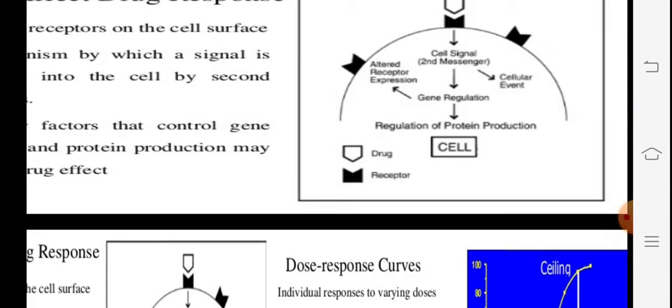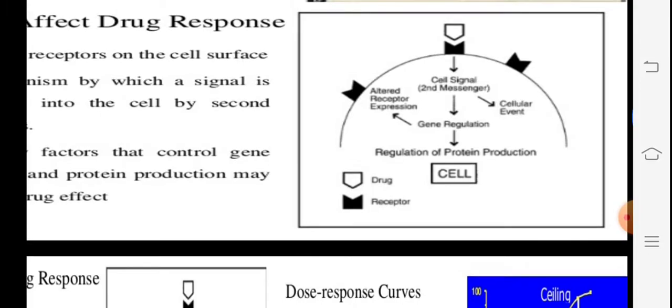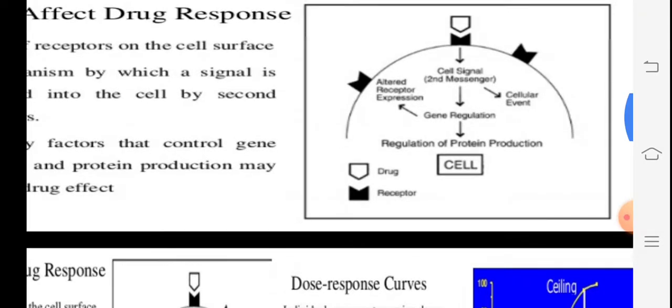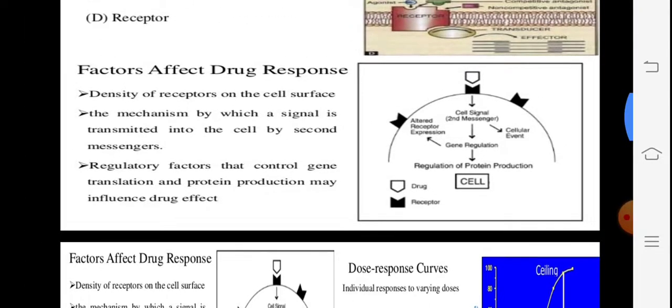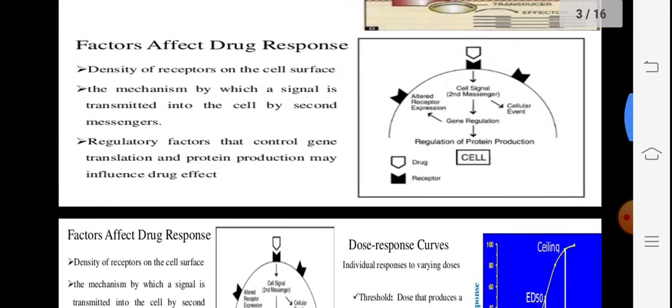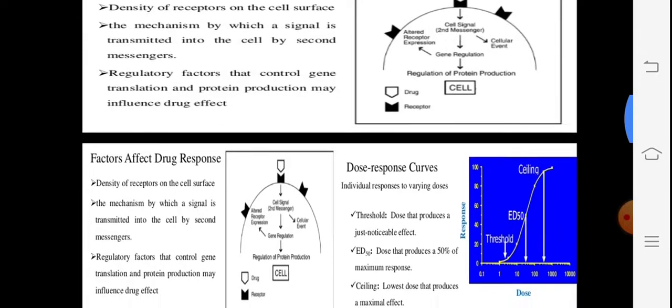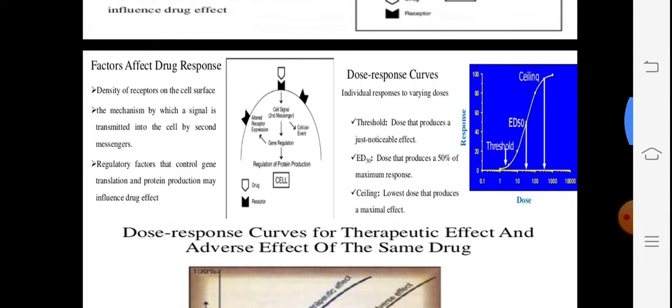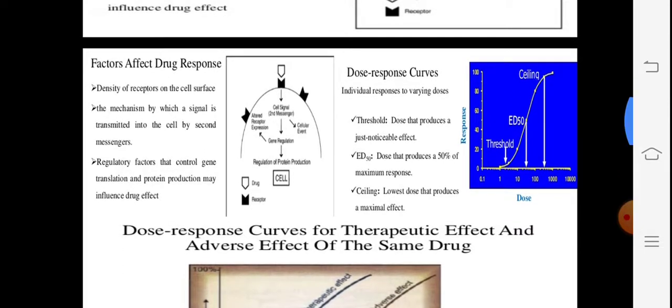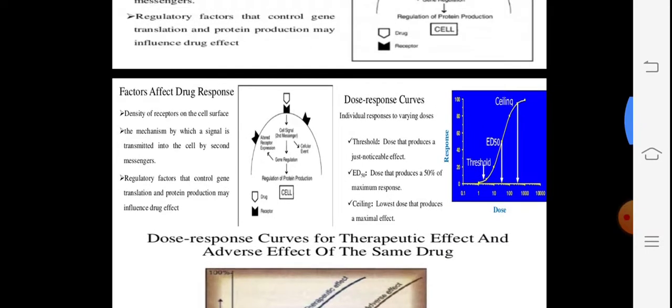We know that some people will not require these proteins, or some require certain drugs. Then the factors affecting drug response are also shown graphically.